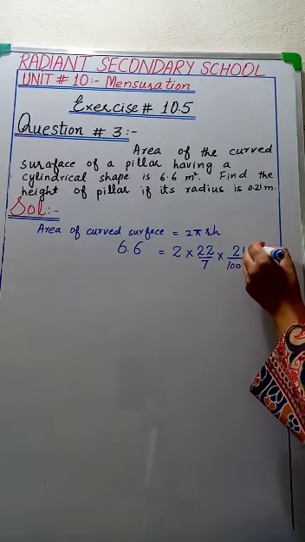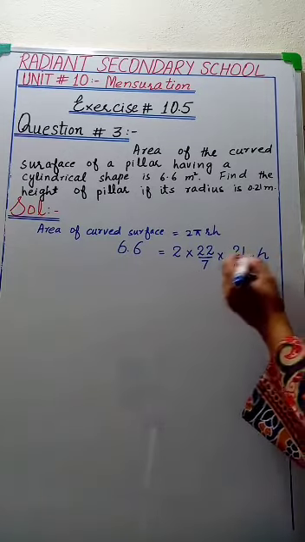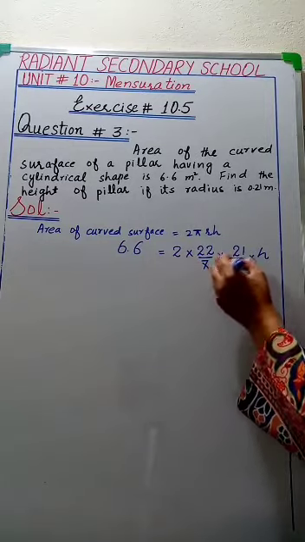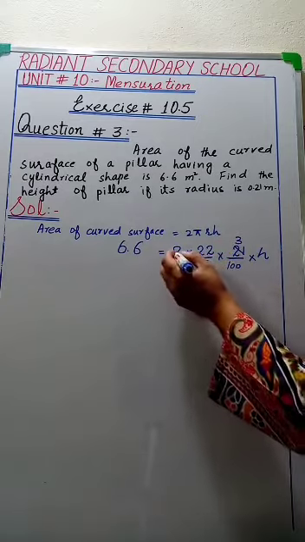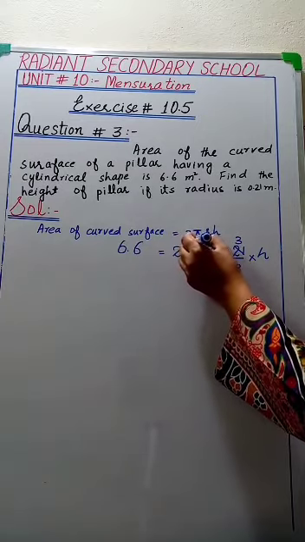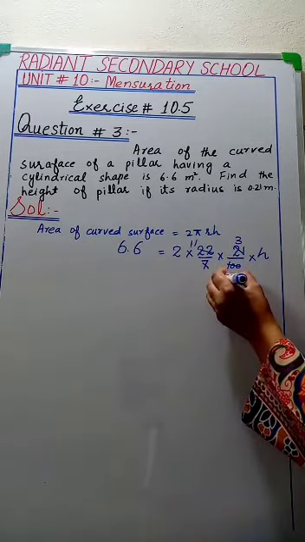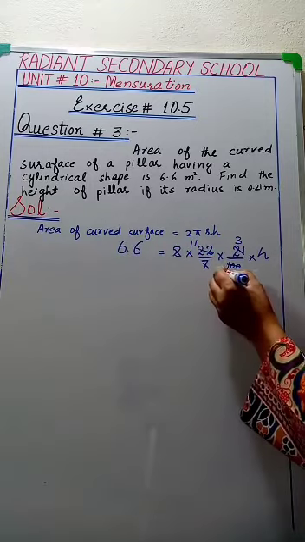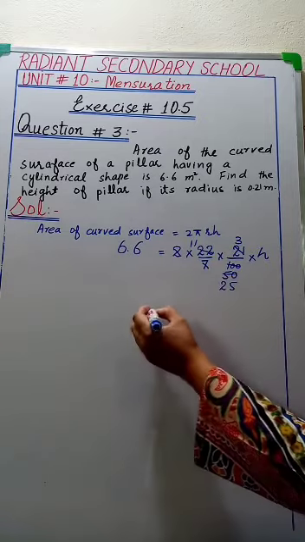You have to find the height, so in place of h again you will write the h. Now do the cancelling. 7 ones are 7, 7 threes are 21, 2 ones are 2, 2 ones are 2, 2 fives are 10 and 0, 2 ones are 2, 2 twos are 4, 2 fives are 10.